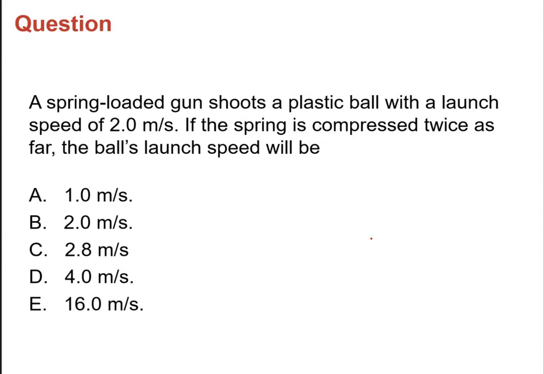Okay, so let's look at another question. In this question, there is a spring loaded gun. It shoots a plastic ball. Let's just draw a simple picture of what's going on. There's a gun that shoots a ball. Let's say that the spring is compressed by some amount, and the energy in the spring is half kx squared.